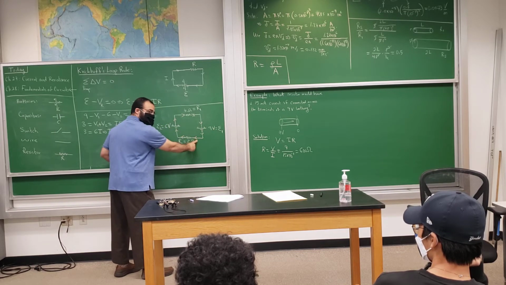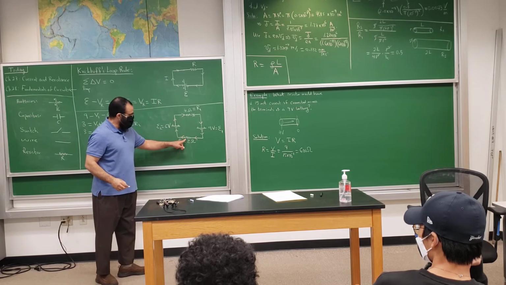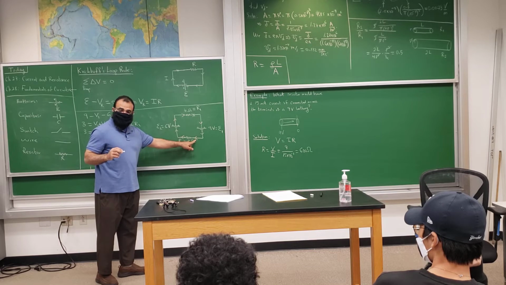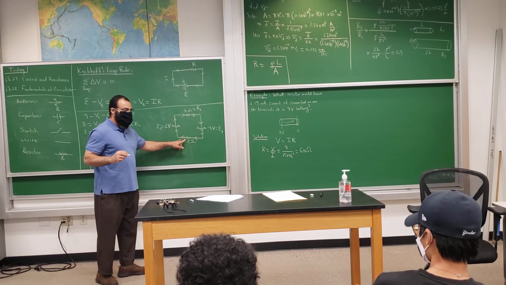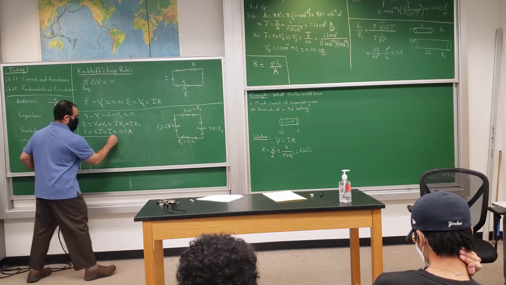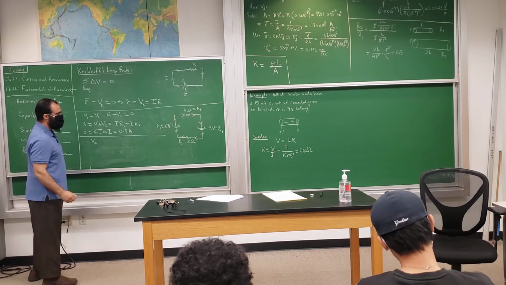I start here, so I go from here to here. The potential difference goes from high to low, that's my assumption. So it will drop by V2, so minus V2.